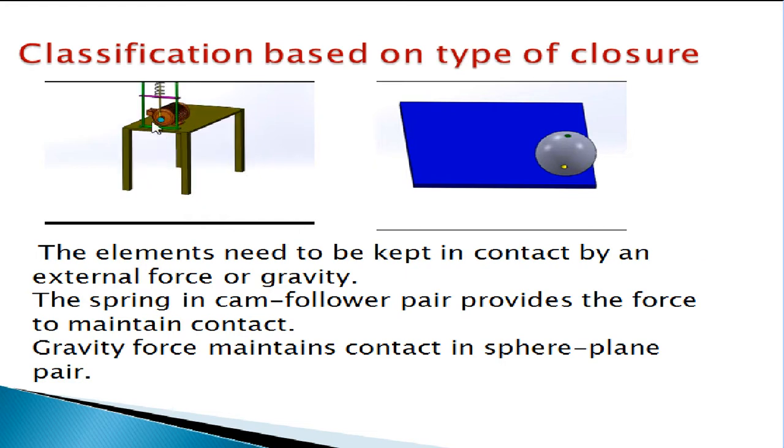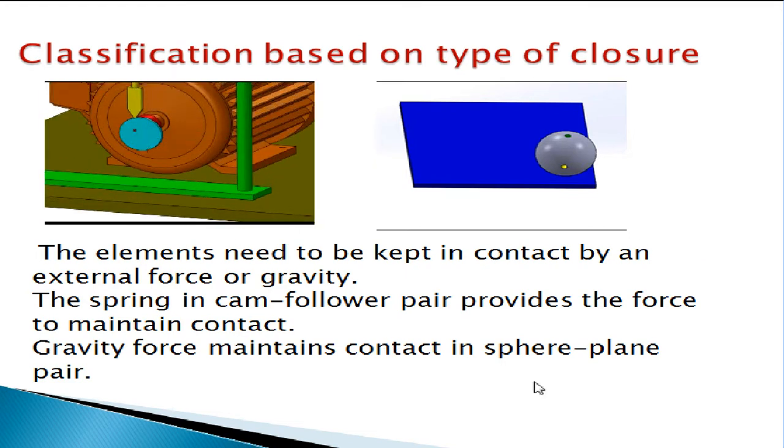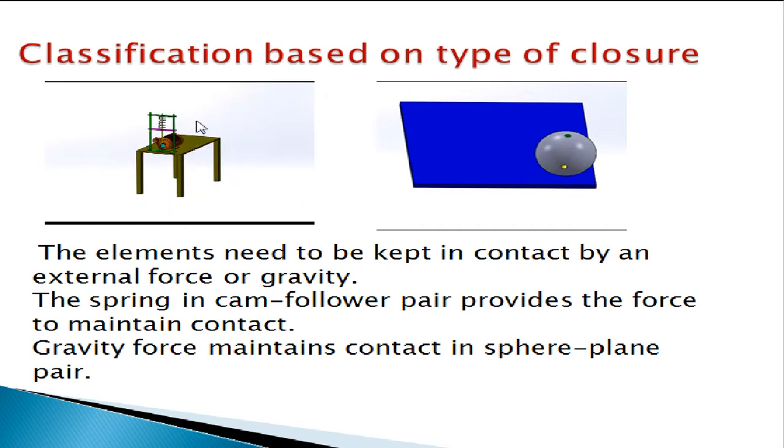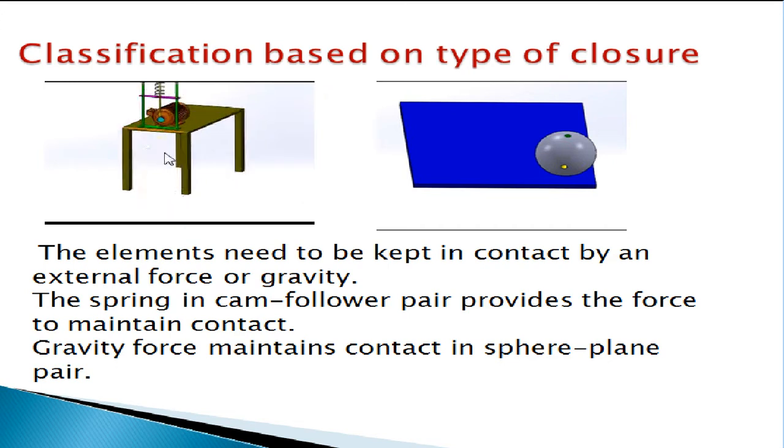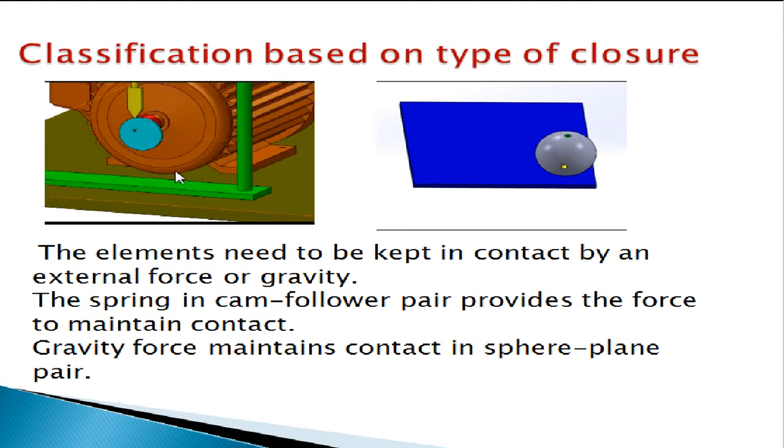You have this blue link, which is the cam. The green one is the knife-edged follower. When the cam is moving, the follower needs to press onto the cam. That force of pressing is given by the spring. So this is a spring-loaded cam and follower.